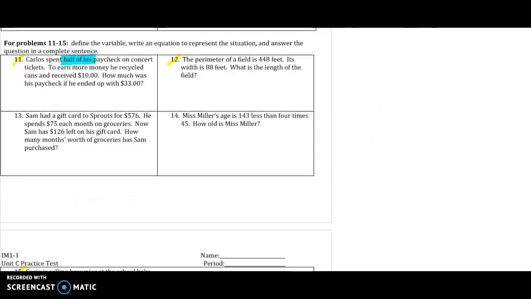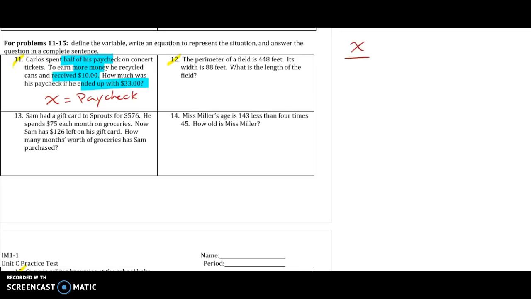Number 11, Carlos spent half of his paycheck on concert tickets. He earned more money, received $10, ended with 33. X equals paycheck.